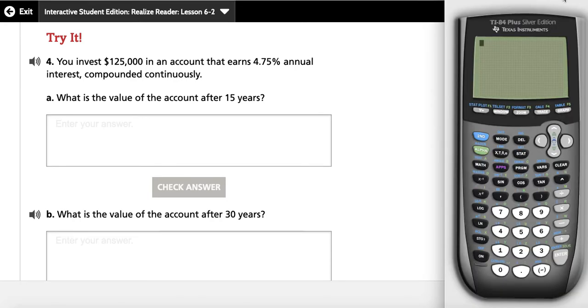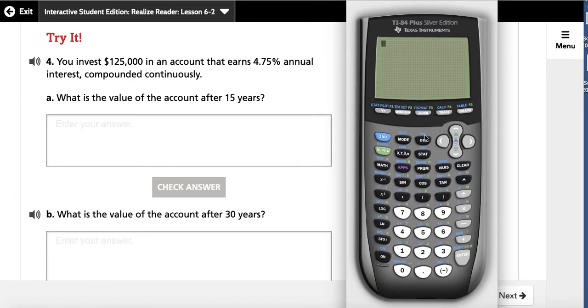I'm going to go right to my calculator and type that in. Even though I forget where the E button is, I may need to put on my glasses to see where the E is. Oh, there it is. It's down here. Okay, initial amount, $125,000, times E, which is in blue, so I need to go blue.